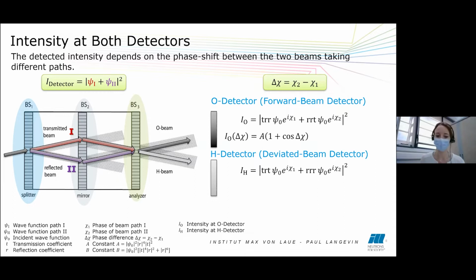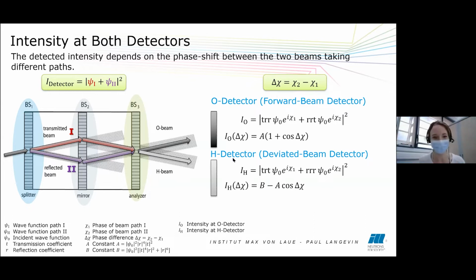Let me just give some notes on how the intensities detected on the O and the H detector relate. Obviously, the intensity of the neutron beam at the H or deviated beam detector is different from that of the O detector. And most strikingly, it's inverted in phase compared to the O detector, which is due to the odd number of reflections and can be expressed with a minus sign in front of the cosine term.